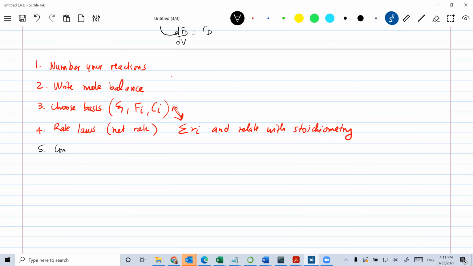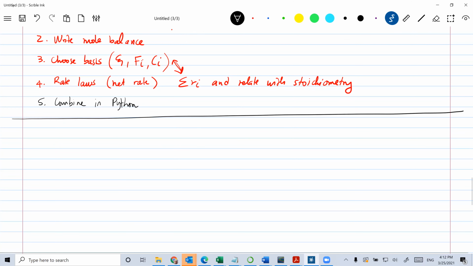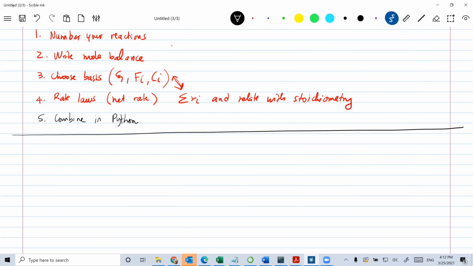And then you can combine in Python. So you don't need to combine them by hand. Okay, and the final, yeah, I think that's it.